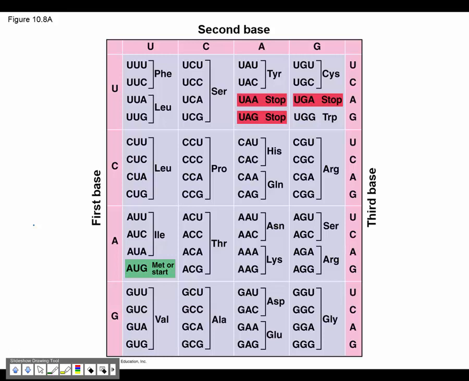And if you remember, there's 3 stop codons, and there's 1 start. The AUG is a start. UAA, UAG, UGA, those are stop codons. And then as you go through, you can see all those different amino acids.